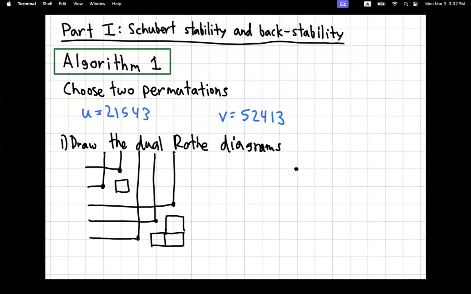Now for V, 5, 2, 4, 1, 3, we do the exact same thing.